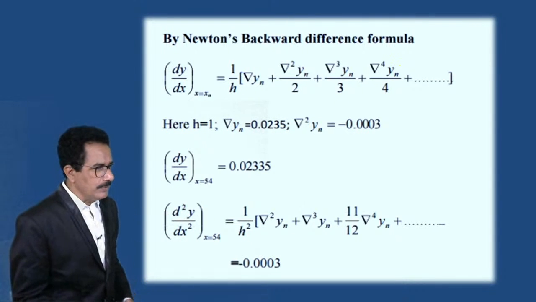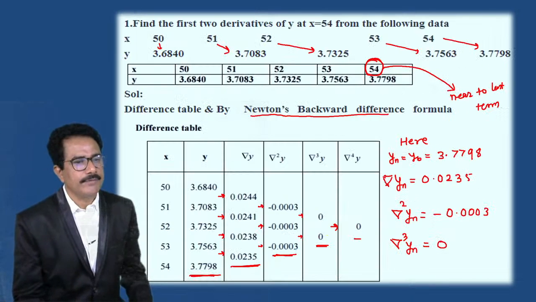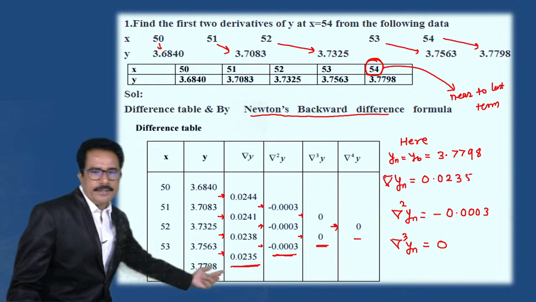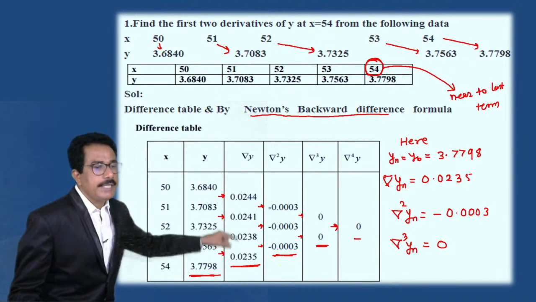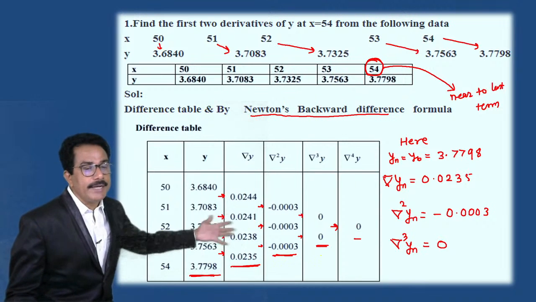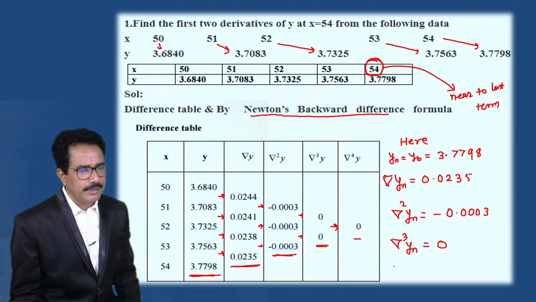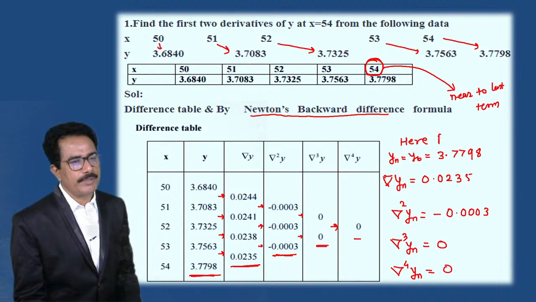Now put up the values. See this, from the table we can put the value of del yn, which is 0.0235, del square yn is minus 0.003, and del cube yn and del fourth yn are equal to 0.